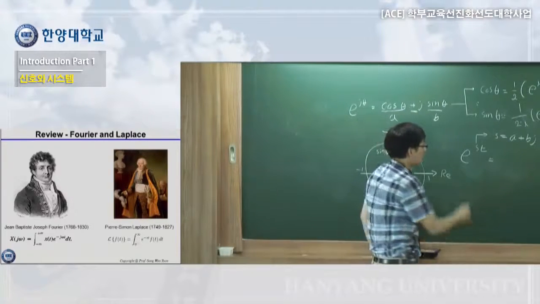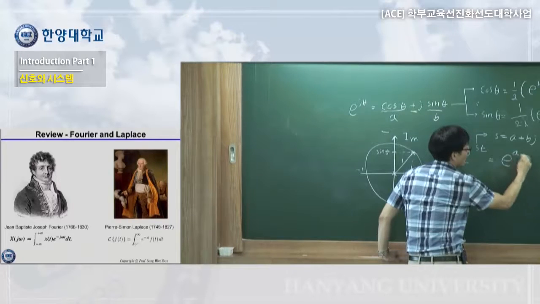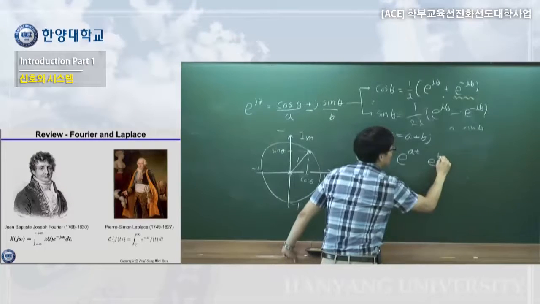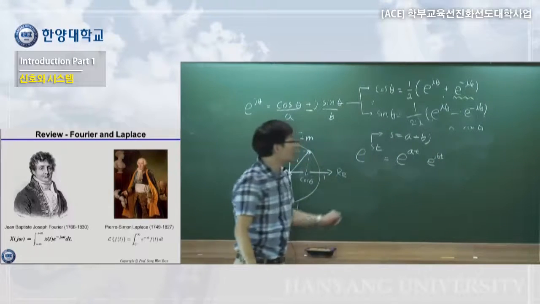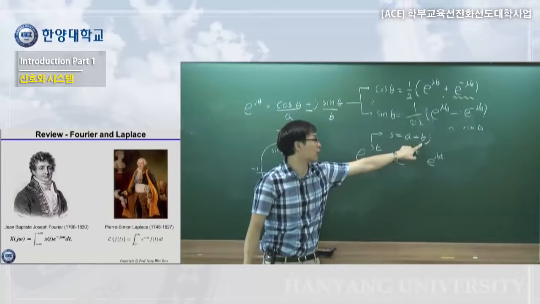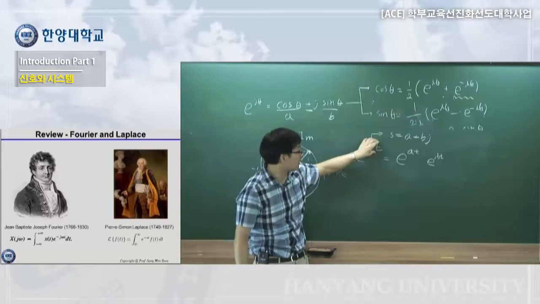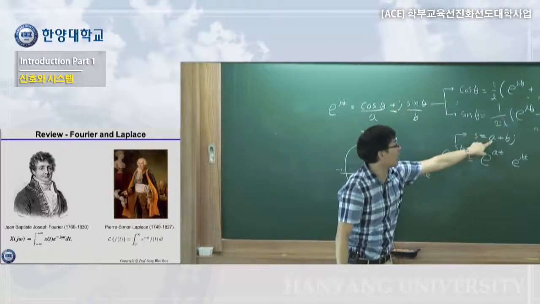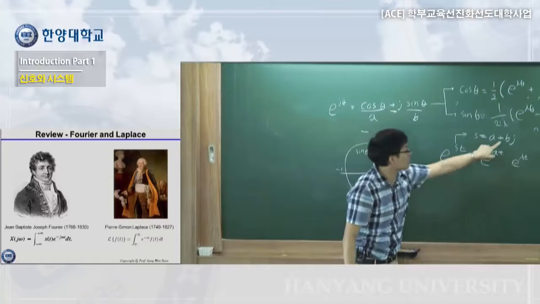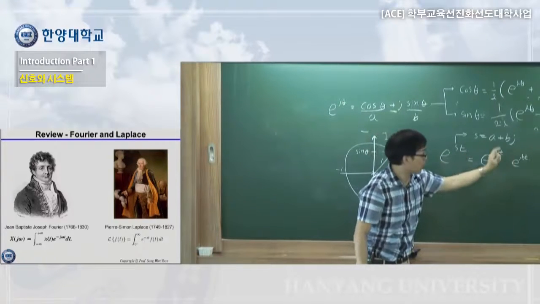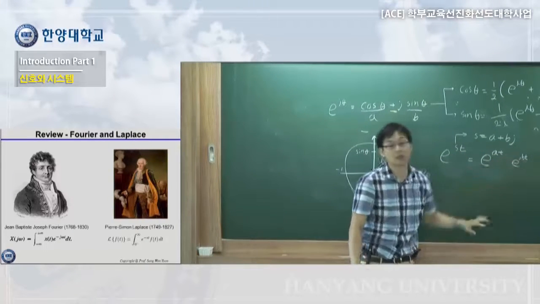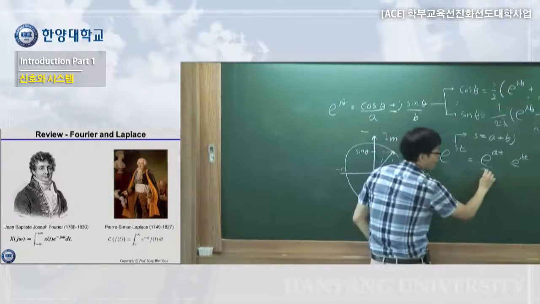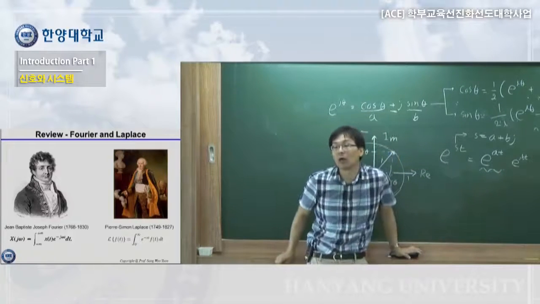And then they will be e^(at) times e^(bt). If you switch this s with a plus bj, because of this plus here, we can divide them as a multiplication. So at becomes like this, jbt, where I switch the j to the front. So how does it look? We are only adding this term to our Fourier series.